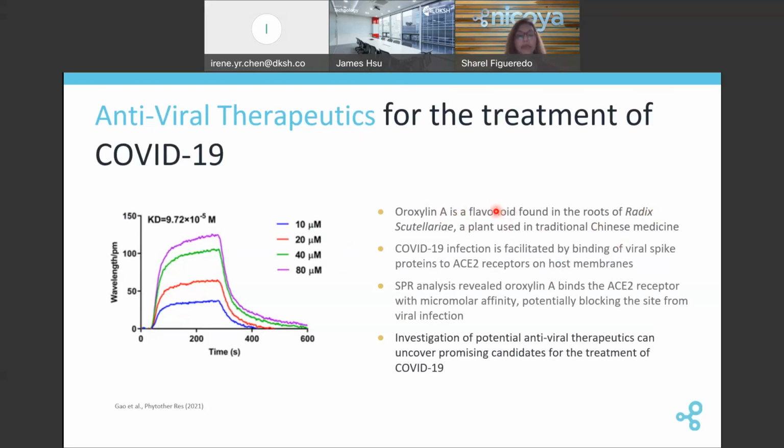They looked at binding between oroxylin A and the ACE2 receptor, and with SPR, they found that this molecule bound strongly, or with high micromolar affinity, to the ACE2 receptor, potentially blocking the site from viral infection. So the researchers concluded that the investigation of potential antiviral therapeutics could uncover promising candidates to treat COVID-19.